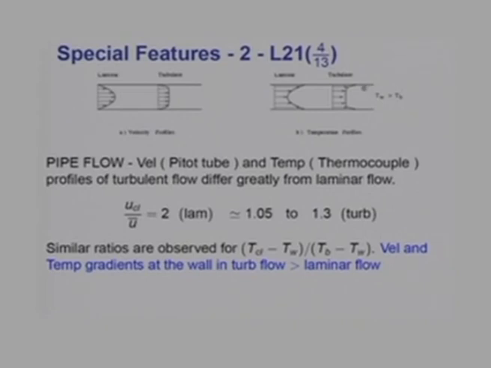Whereas, in turbulent flow, the temperature profile will show characteristics which are like this, very sharp gradient at the wall and flat core. So, the ratio of T center line minus T wall over T bulk minus T wall again would be of this type in turbulent flow. Velocity and temperature gradients at the wall in turbulent flow are always much greater than in laminar flow, with a much flatter core than you would get in laminar flow.